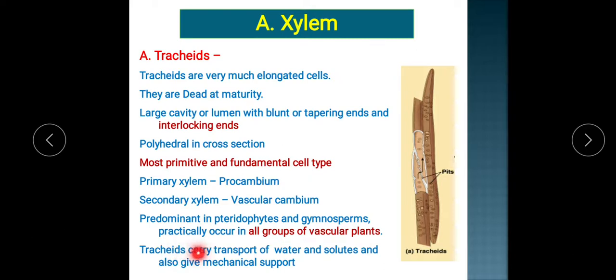Tracheids carry the transport of water and solutes, and they also give mechanical support to the plant body. The function that is mainly allotted to the xylem is the transport of water and solutes.